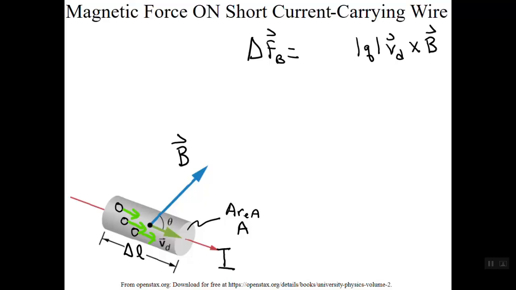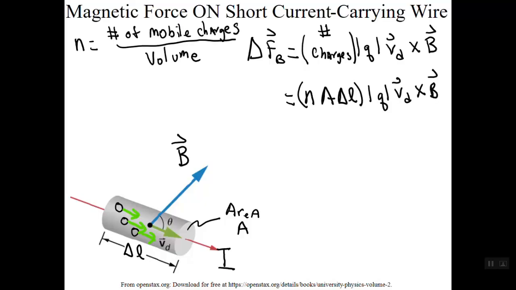Since all the moving charges in the short wire's current see the same B field and have the same drift velocity, the total magnetic force, delta F sub B, is equal to this force on a single moving charge times the number of mobile charges. And we know from an earlier lecture that the number of mobile charges in the short wire is just the density of mobile charge carriers, N, times the volume of the wire, A times delta L.